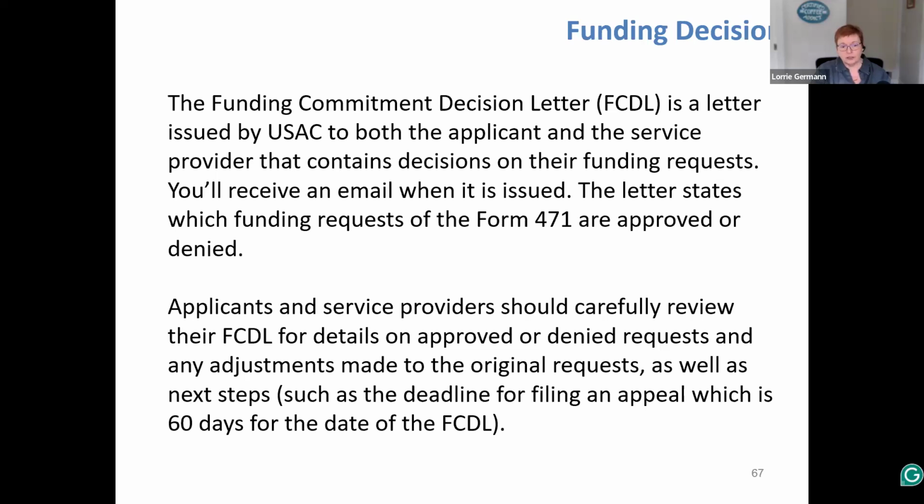Well, if they don't have the information needed, they'll go ahead and just deny the application. So really important, check everything over because if something was denied, you have 60 days from the date the letter was issued to file an appeal with USAC. And I like to say it's not 60 days when you finally get around to looking at the letter. It's 60 days from when USAC released it.